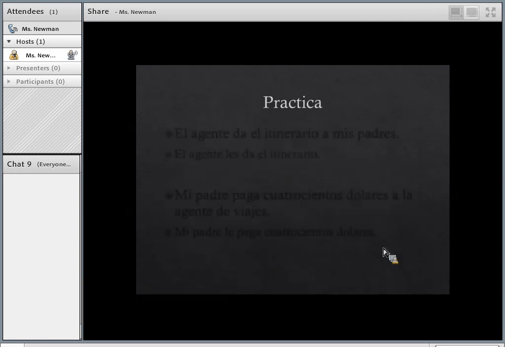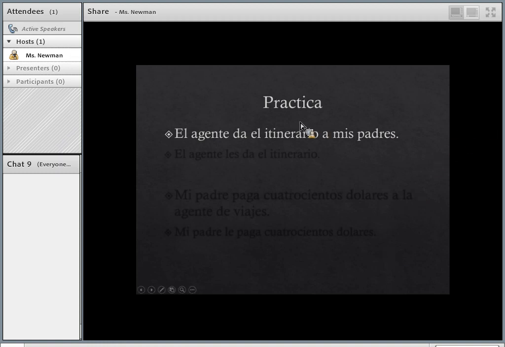Okay, let's do some practice. So, el agente da el itinerario a mis padres. Okay, let's break this down and think about it first. So, who is the indirect object pronoun or indirect object noun? So, el agente, the agent, gives the itinerary to my parents. So, to my parents is that indirect object.